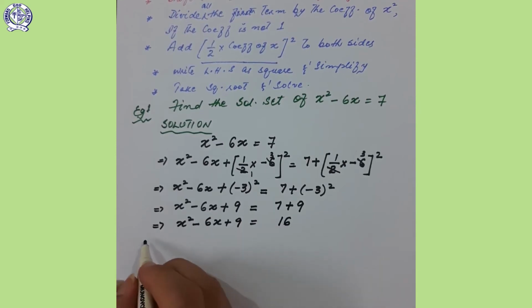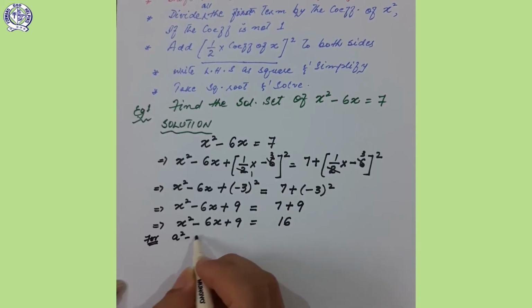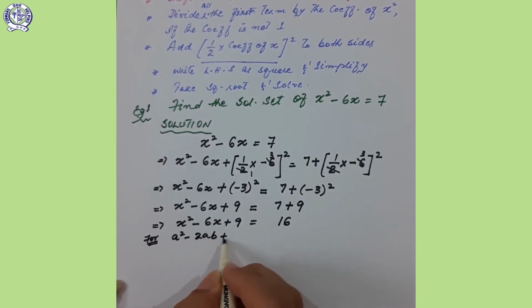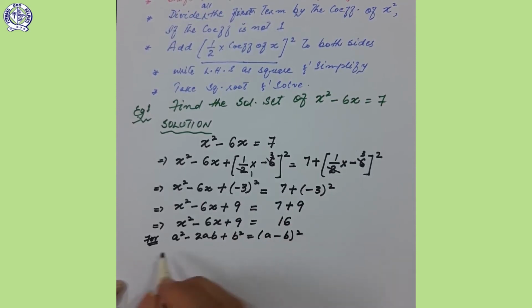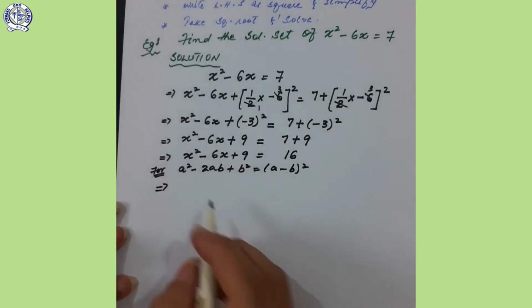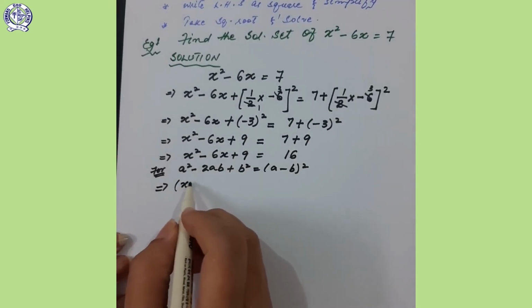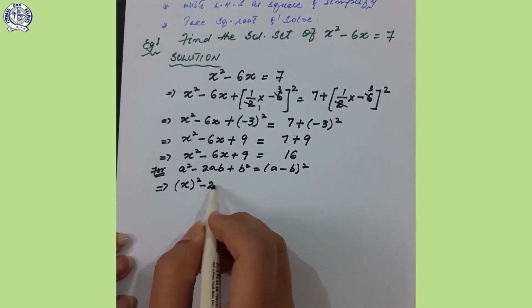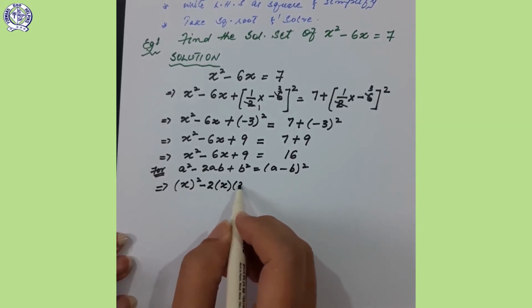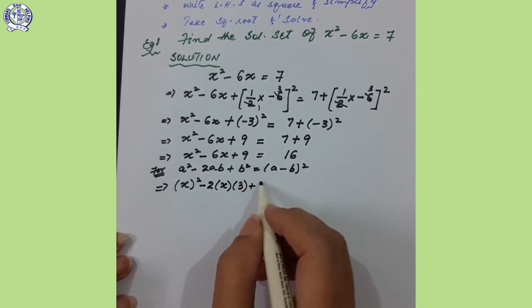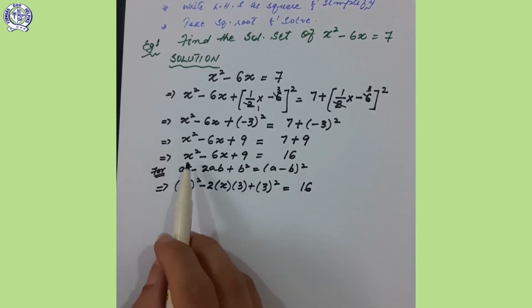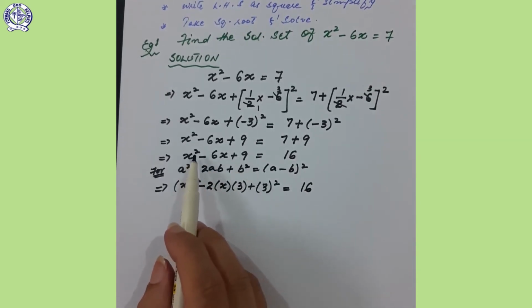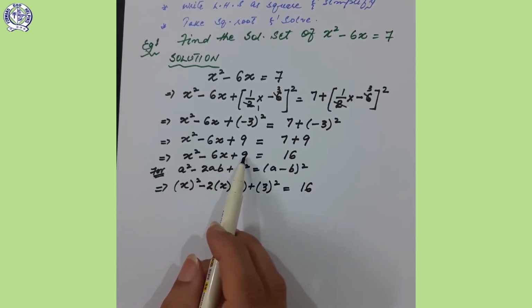Now we will apply the formula here on the left hand side: a square minus 2ab plus b square equals to a minus b the whole square. So according to the formula, x the whole square minus 2 into x into 3 plus root of 9 is 3 the whole square equals to 16. So we have changed this into formula form: a square minus 2ab plus b square.